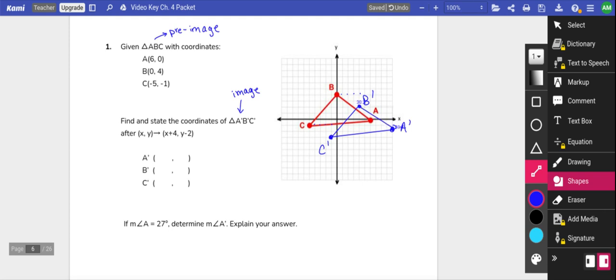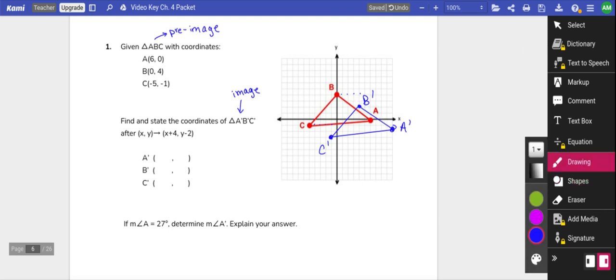Or as I said before, I can also just do the math, and I'll show you right now what I mean by that. So instead of doing all of that work, what I really can do, if it doesn't say that I have to graph it, just find and state, is I can look at each of these coordinates here and simply add 4 to my x and subtract 2 from each y coordinate.